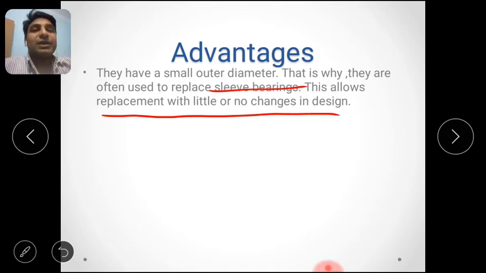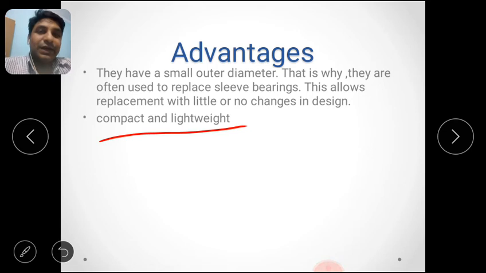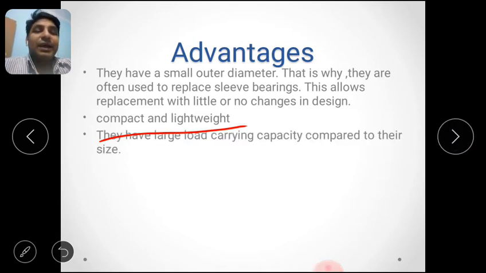Without any changes you can replace the sleeve bearing. The second advantage is that it is compact and lightweight. If it does not have an outer race and inner race, and the diameter of the cylinder is very small, then it is compact and lightweight.